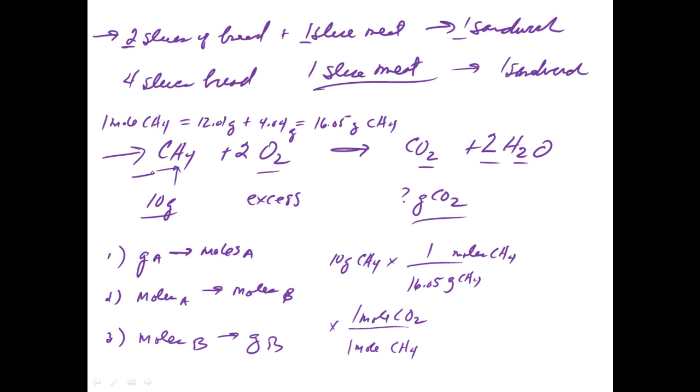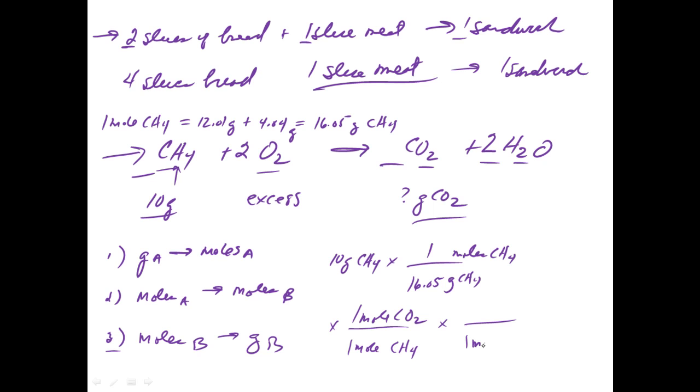There's no number here, there's no number here. It's understood to be 1 since it's in the chemical equation. So it's a 1-to-1 relationship. A lot of times that's not the case, but for this one it is, and that makes it a little easier for the calculation.